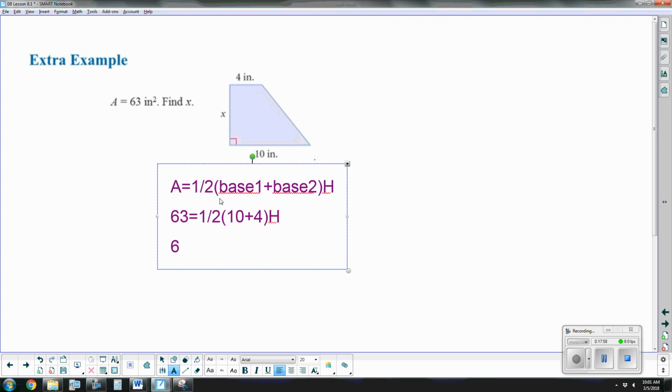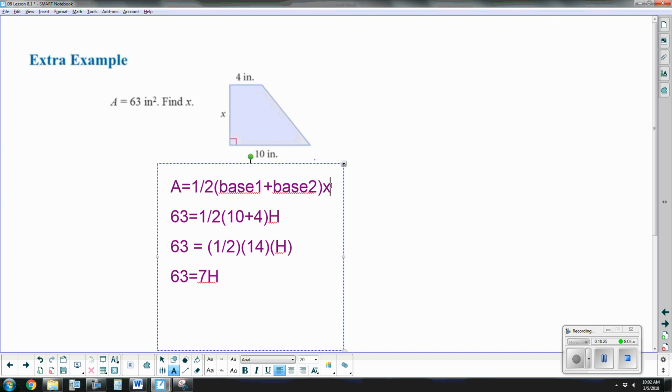So 63 is 1/2 of 7 times h. Oops, 1/2 of 14, sorry. So 63 is 7h, and if you divide both sides by 7, and actually I'm going to replace these h's with x because that's really what our height is in this problem.